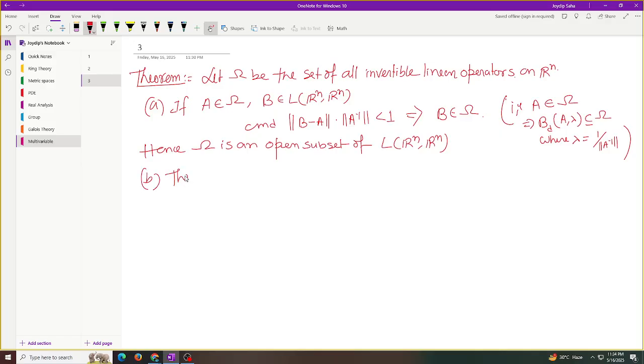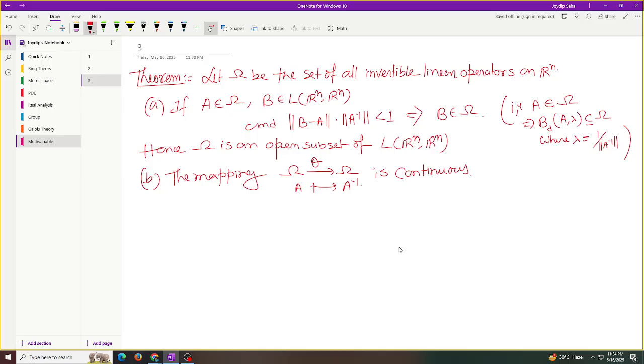The mapping is continuous. I should write this mapping by theta.